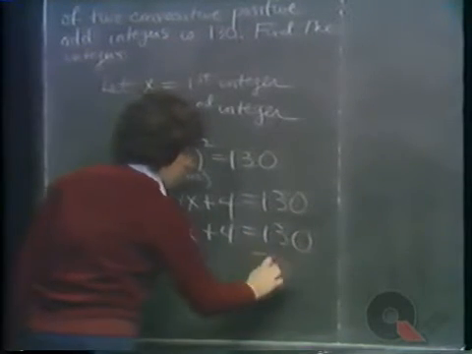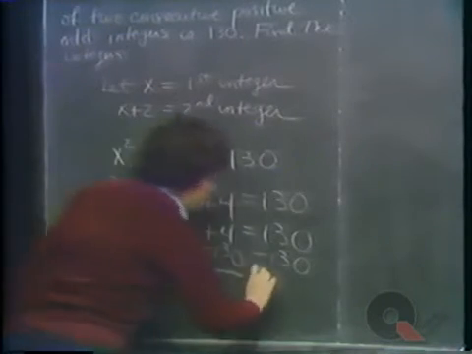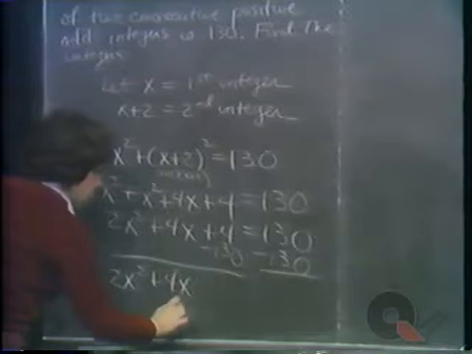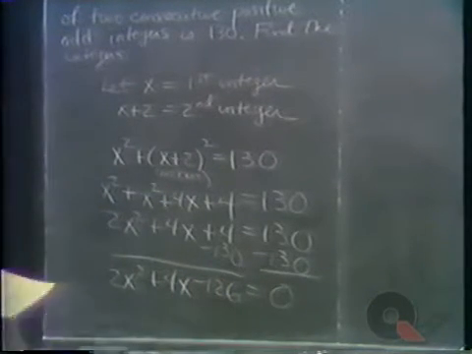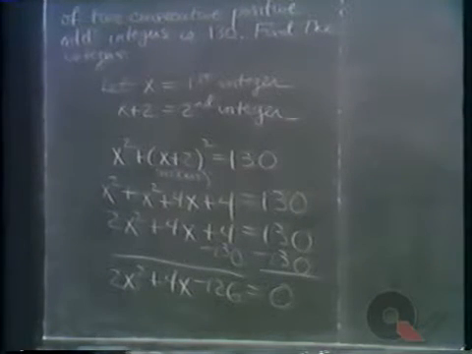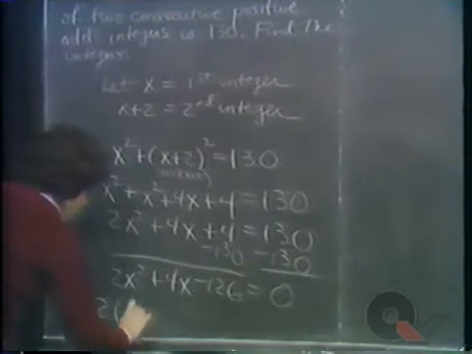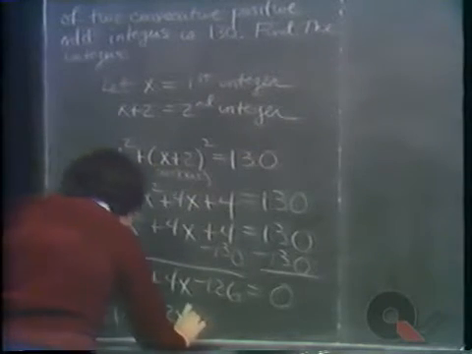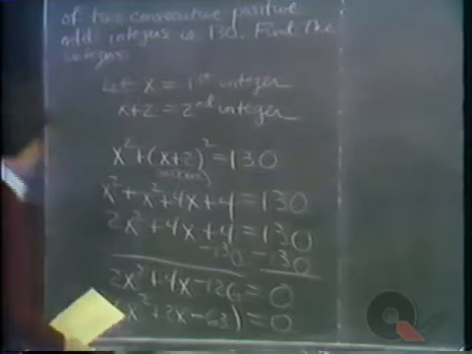We can subtract 130 from both sides of the equation, giving us 2x squared plus 4x minus 126 equals 0. We can now divide both sides of the equation by 2, or factor out a 2. 2 times x squared plus 2x minus 63 equals 0.